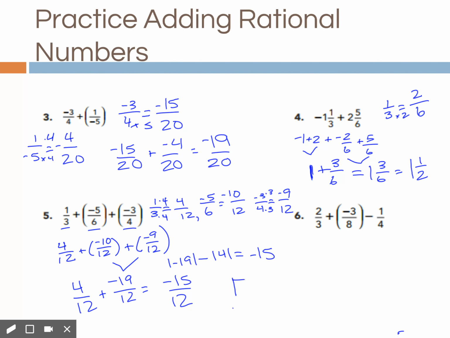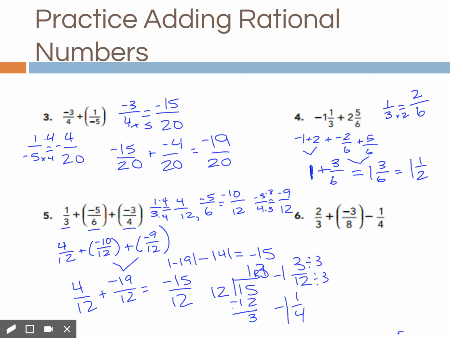I would do long division to get that into a mixed number. 12 goes into 15 one time. I subtract. I get 1 remainder 3. So I would have negative 1 and 3/12, which I can simplify even more. And I would have negative 1 and 1/4. Again, it's a lot of little steps, but it's all stuff you have done before.